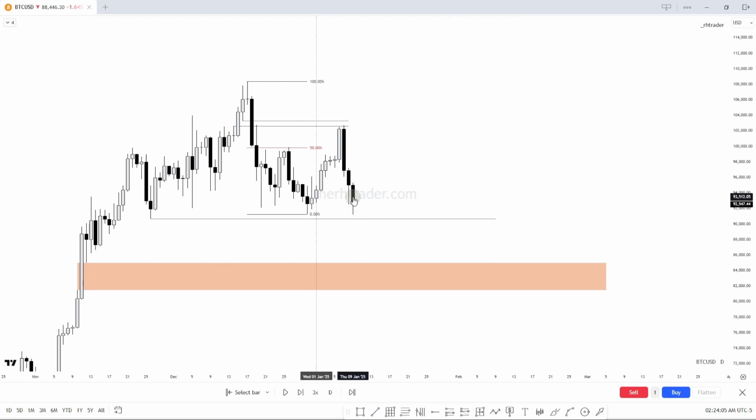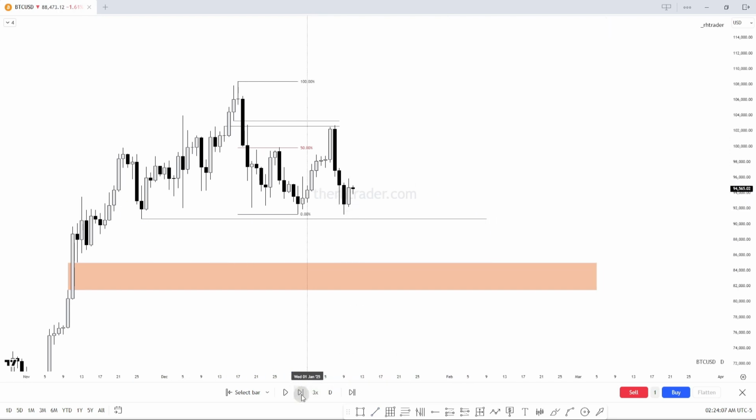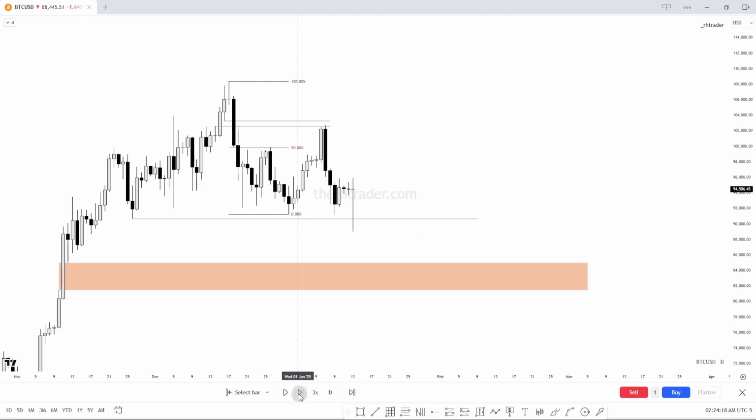And we're really close right here. We repriced into this fair value gap and also this bullish fair value gap, which will now act as resistance. And here we purge liquidity right there.